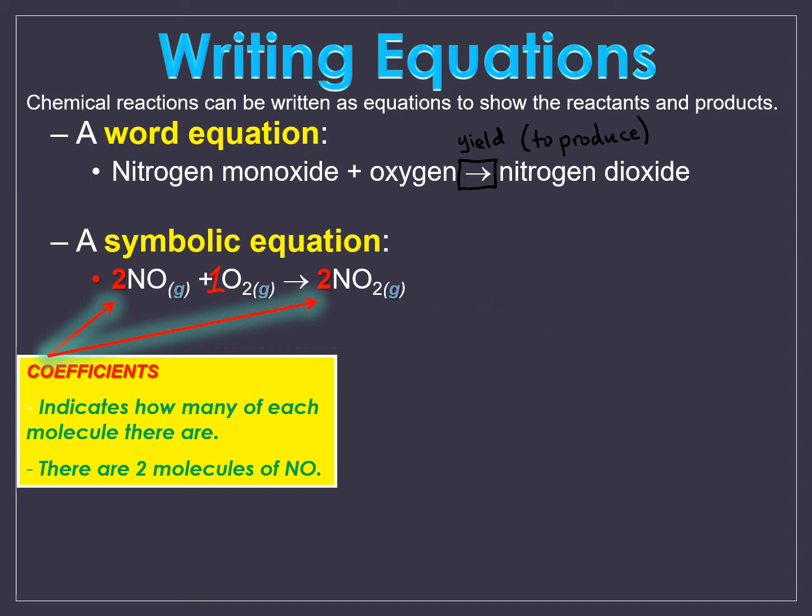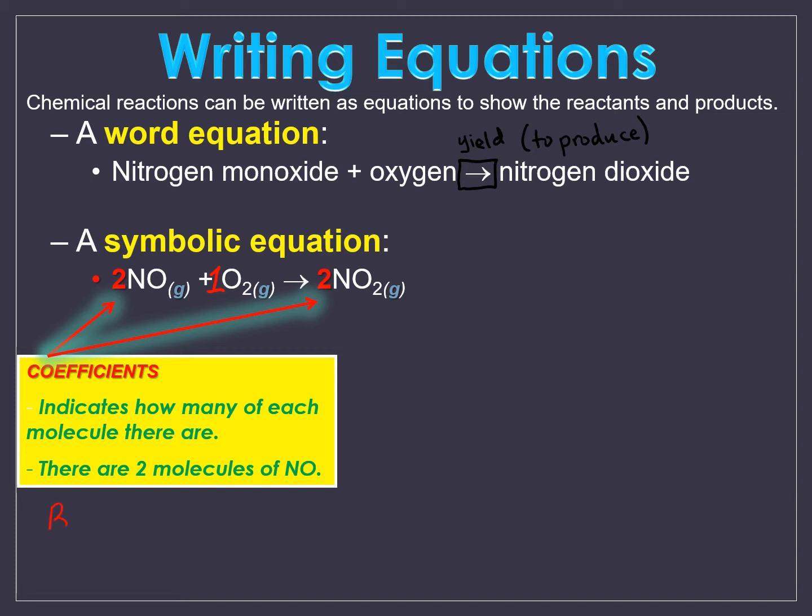So let's take a look at the official definition. What does coefficient mean? It indicates how many of each molecule there are. So those big numbers in front indicate how many of each molecule there are. I want you guys to write down for the coefficient definition the following here.